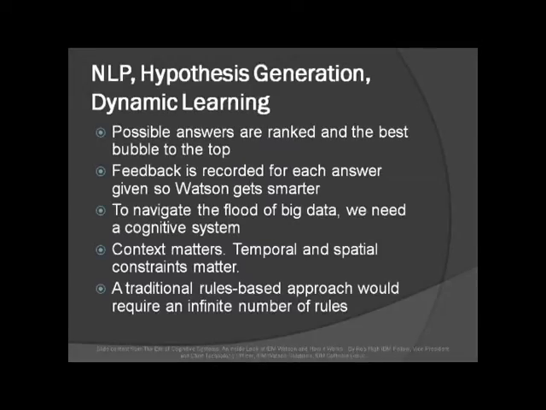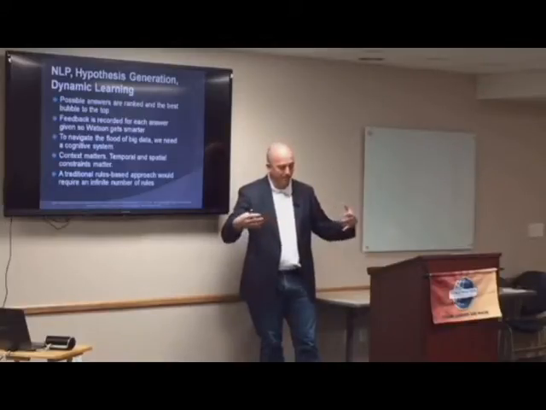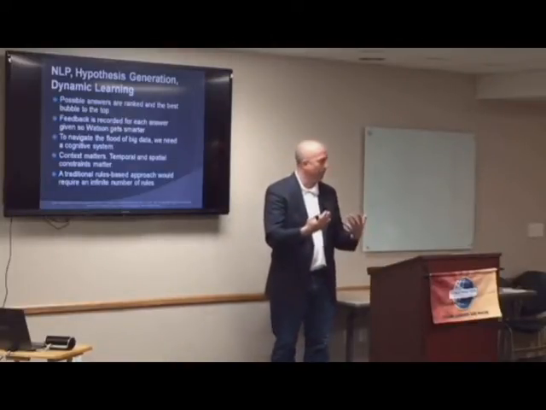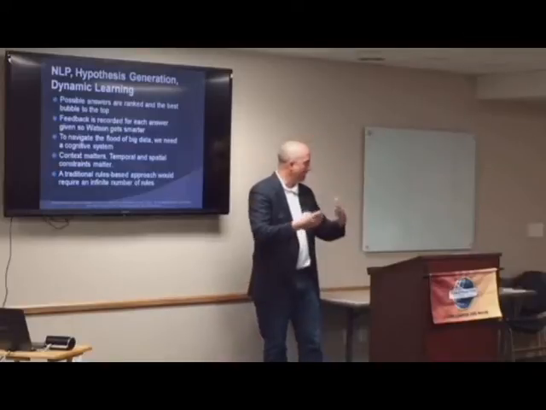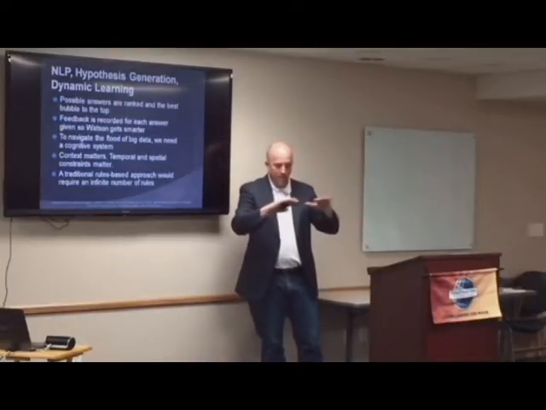So these 3 things, NLP, hypothesis generation, and dynamic learning, all come together to help Watson figure out which answer is the right answer. Possible answers are basically bubbled up in the Watson system, and the best answers are the ones that are given. And it's doing all this analysis based on context along the way to provide the best answer.